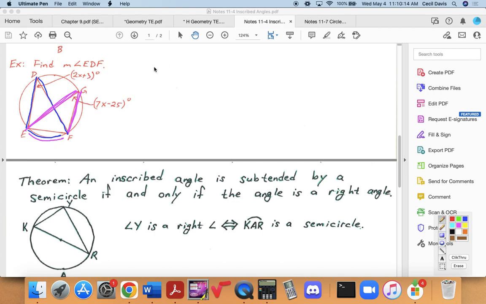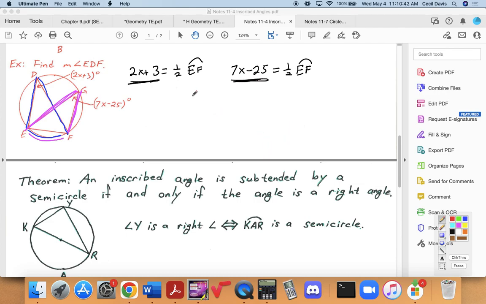And again, you probably would never write this, but I'm going to show it to you. That means that 2x plus 3 is half of arc EF, and 7x minus 25 is also half of arc EF. So what does that mean about our two expressions here?